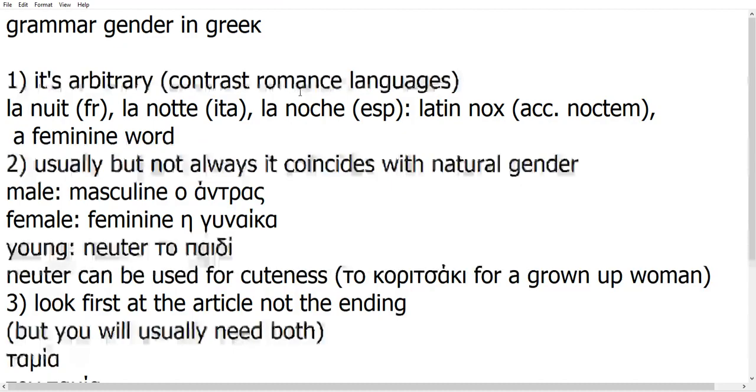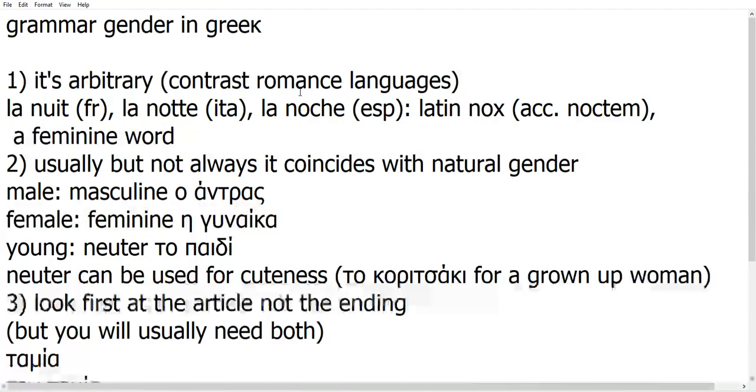Now, if we're talking about animate objects like people and animals, then things are much easier. The general idea is that if something is male, let's say a man, or a cat also, or γάτος, it would be masculine. If it's female in reality, like η γάτα, η γυναίκα, η κοπέλα, then it would be feminine in grammar.